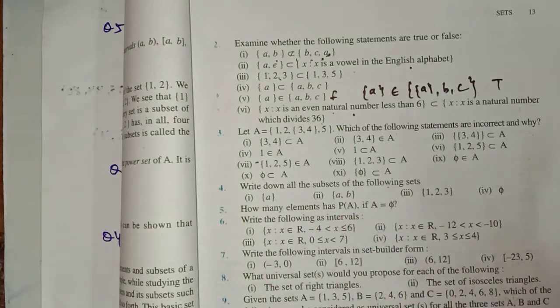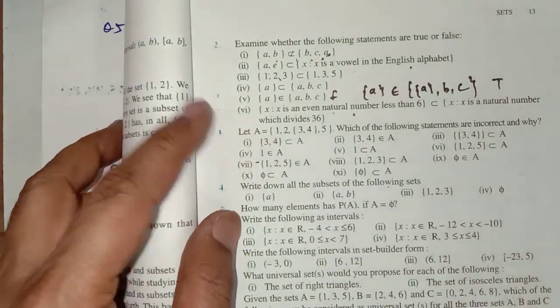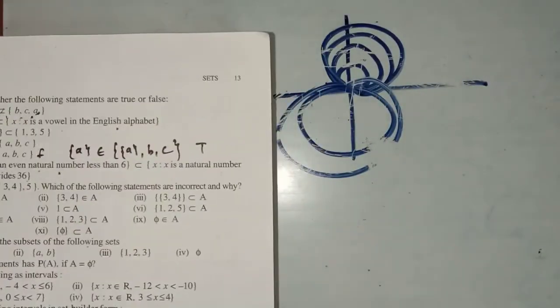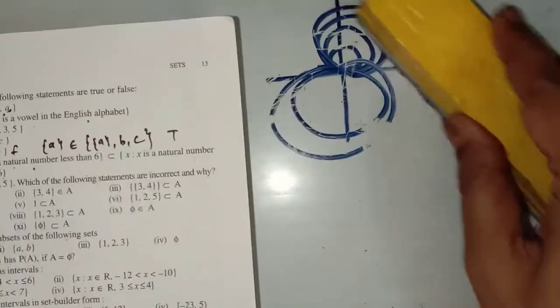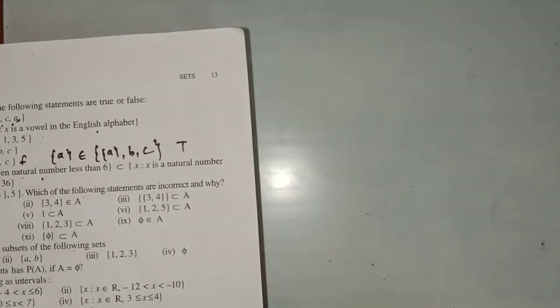Now in question number 3, see it very carefully. The set A contains the elements, very carefully see it. In set A, how many elements do we have? So see it very carefully. Just explaining in question number 2 also.